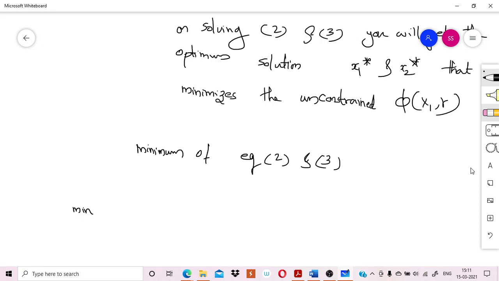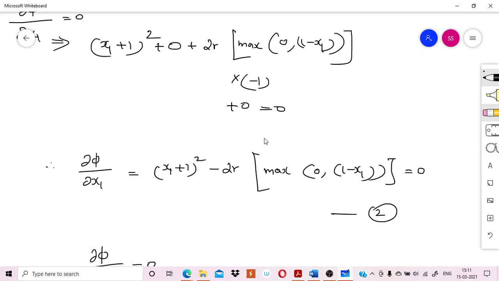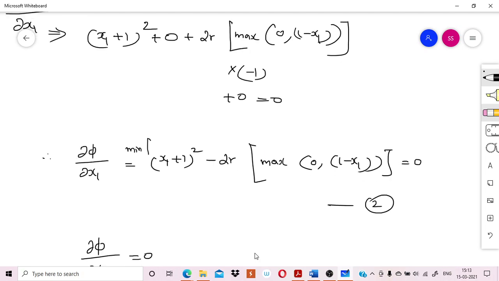Okay, so that means you have to take the minimum of 2 and 3, that is, if you apply the minimum function, the minimum of x1 plus 1 whole square. If you apply minimum here, you will get two possibilities: x1 plus 1 whole square minus 2r, maximum of 0 and 1 minus x1. So max of 0 and 1 minus x1 you have.